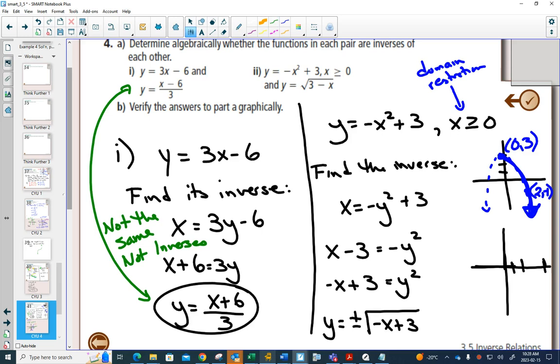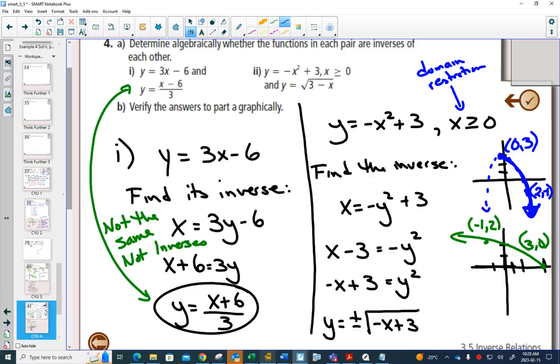I would have 3, 0, and negative 1, 2. Right? Switching the x and the y. Does that have a vertical reflection? No. It's had a horizontal reflection, but not the vertical reflection.